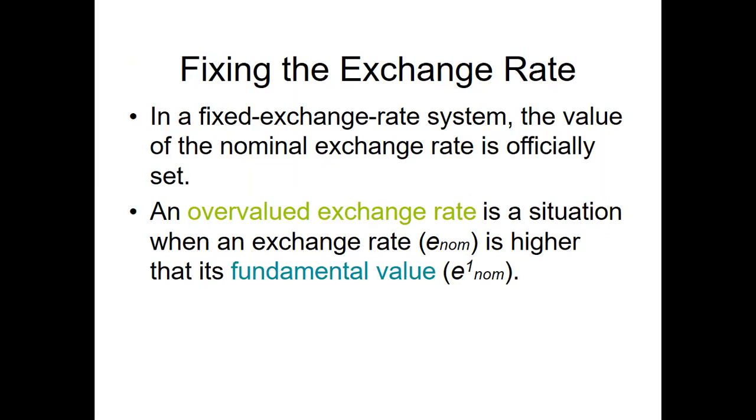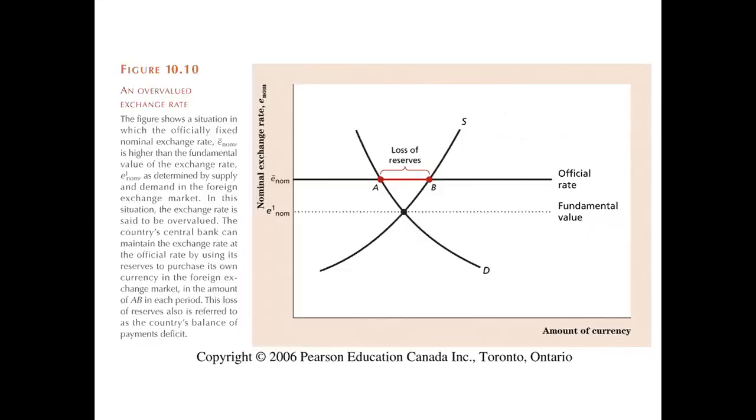So in the case of an overvalued exchange rate, this is a situation when an exchange rate E sub nom is higher than its fundamental or actual value, E superscript 1 nom. So this is a situation where we can see the amount of currency vis-a-vis the nominal exchange rate, which is E sub nom.